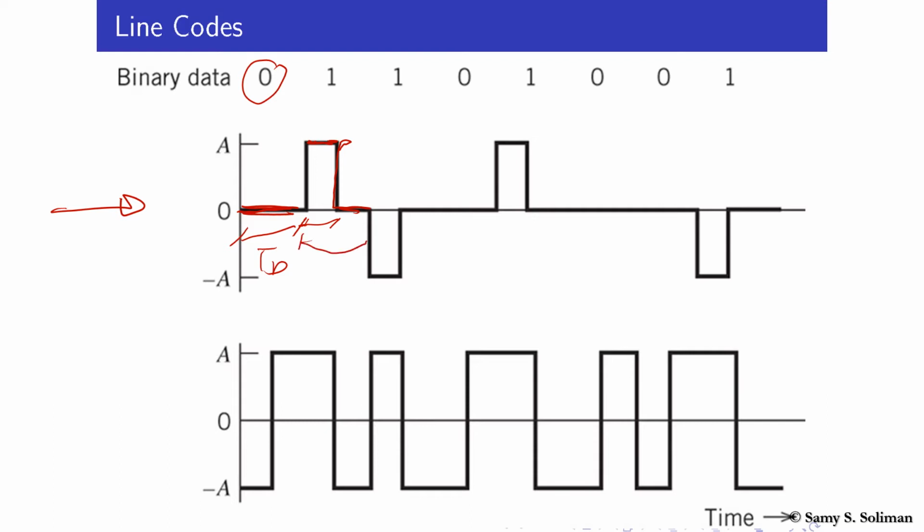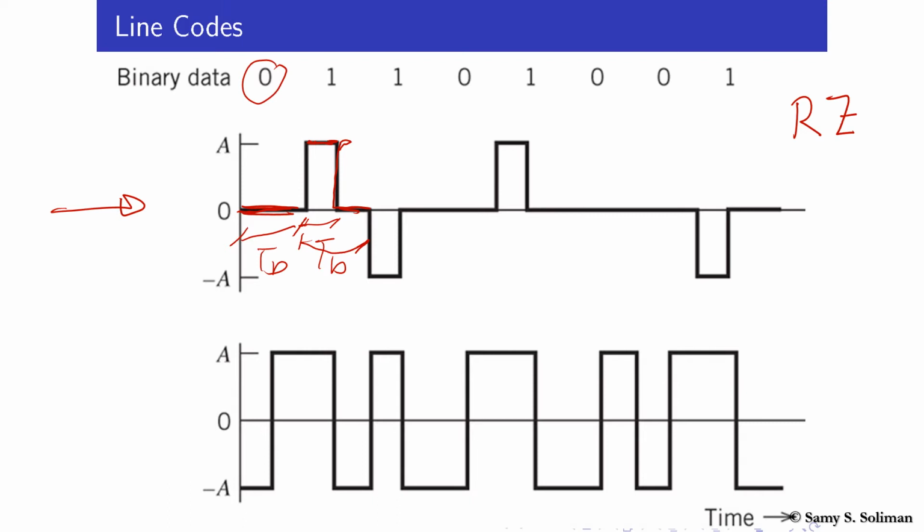Please note here that this whole duration is TB. So we are not keeping the A volts representation of the bit 1 for the whole bit duration. We rather return to 0 within the bit duration. So in this case, we have return to 0 signaling.